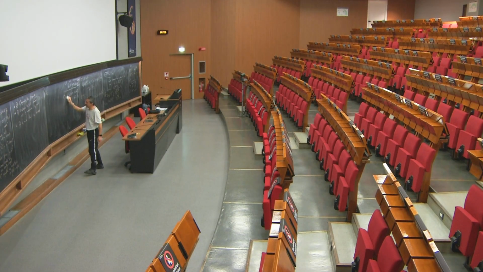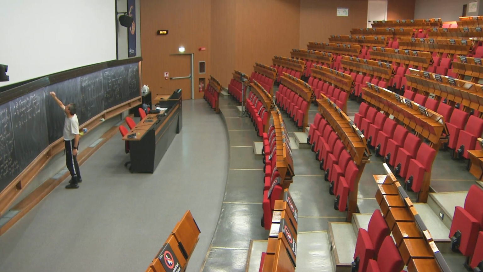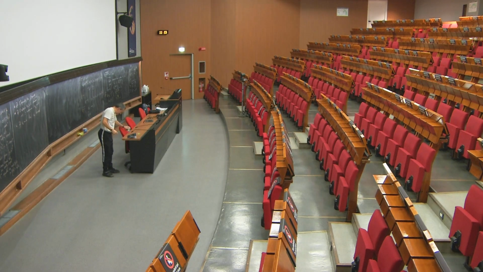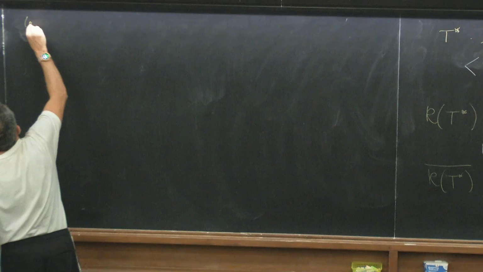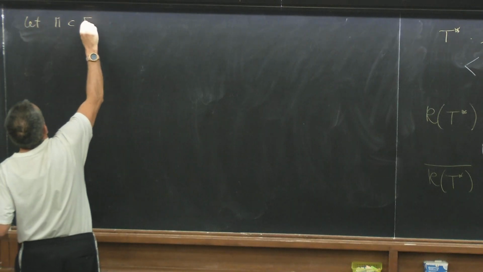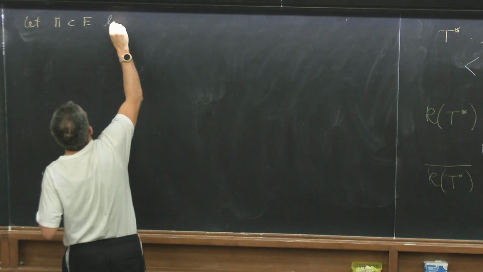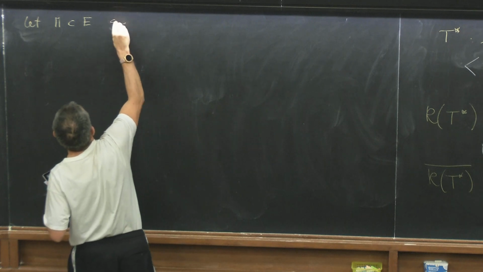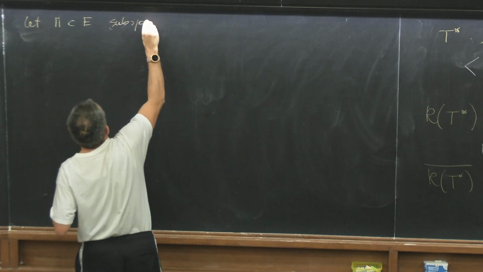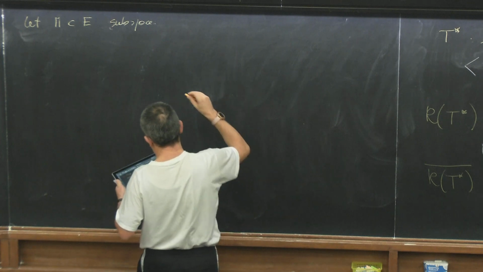So compactness means existence. Let M be a linear subspace, a subspace, let's say it's enough.